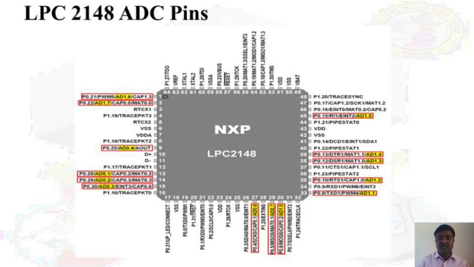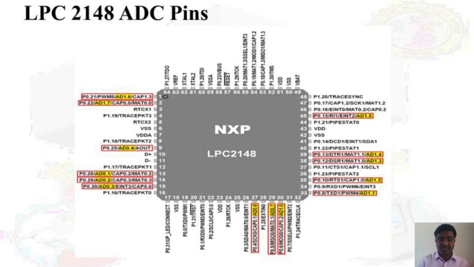Here I can see 14 yellow marked lines in total. ADC 0 has 6 and ADC 1 has 8 channels, so a total of 14 channels are marked to identify the ADC pins.